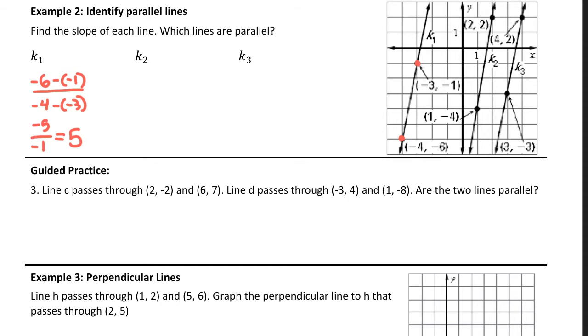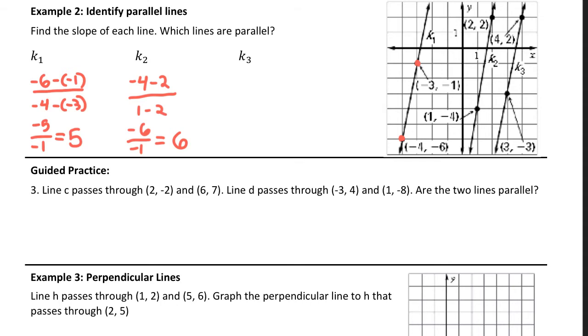K2 has the points (2, 2) and (1, -4). So I would take -4 minus 2 over 1 minus 2. So that slope becomes -6 over -1. So the slope of K2 is 6.